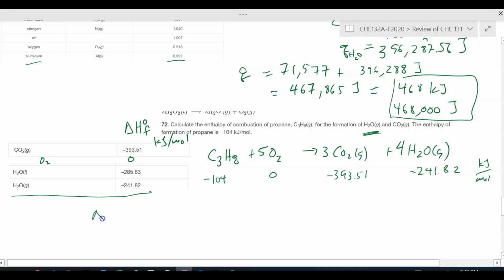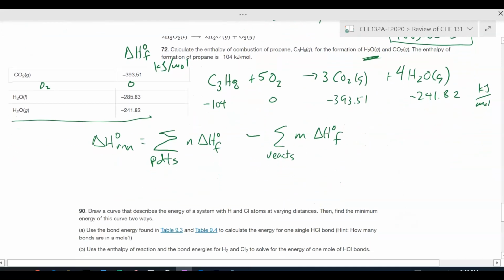Our equation for this is that delta H for the reaction is going to be equal to the sum for the products of the moles times the delta H of F values, minus the sum over the reactants of moles, which I'll call M here, times delta H sub F. So what we have here for our delta H, oops, I lied, there's another problem.